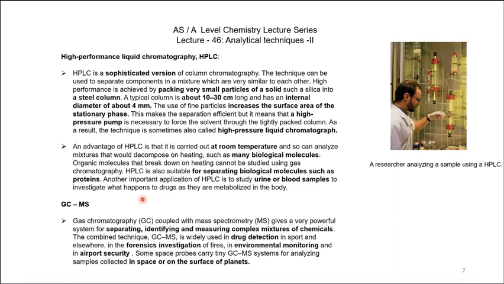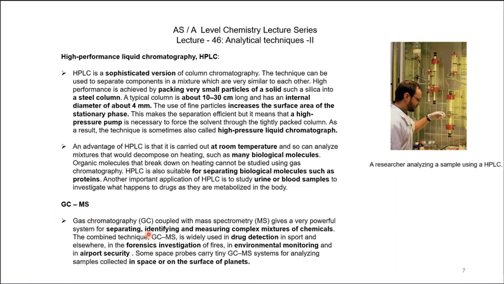Another one is gas chromatography mass spectrometry, gas chromatography coupled with the mass spectrometer. We discussed the theory of mass spectrometry, and we have seen lots of mass spectra in AS level practical skill 1.